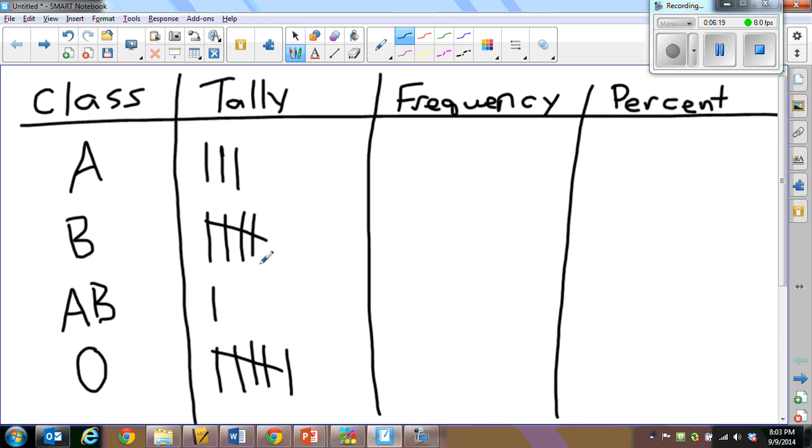Then we have AB, AB. Then we have A, O, B. O, B, O. And A, B, A.